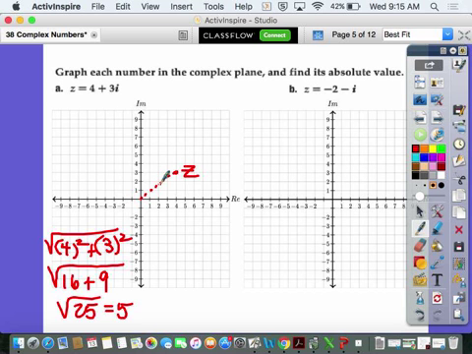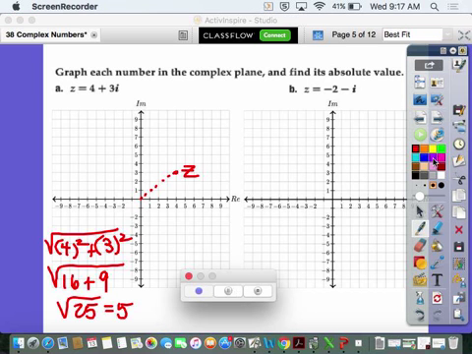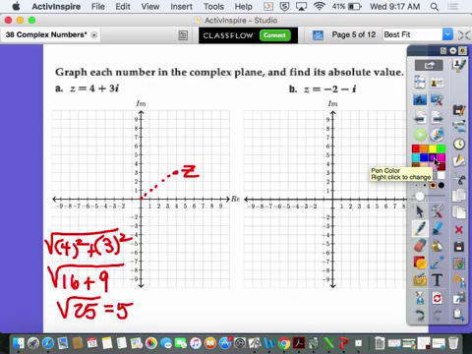Okay? What you guys do B. So, if I start from the origin, 0, 0, to graph -2 minus i, I have to go which way? Left 2 and then down 1. Yes, there is z, and then on top of that, the absolute value should have been square root of 5, because you do -2 squared, and whenever you square a negative, you get a positive.